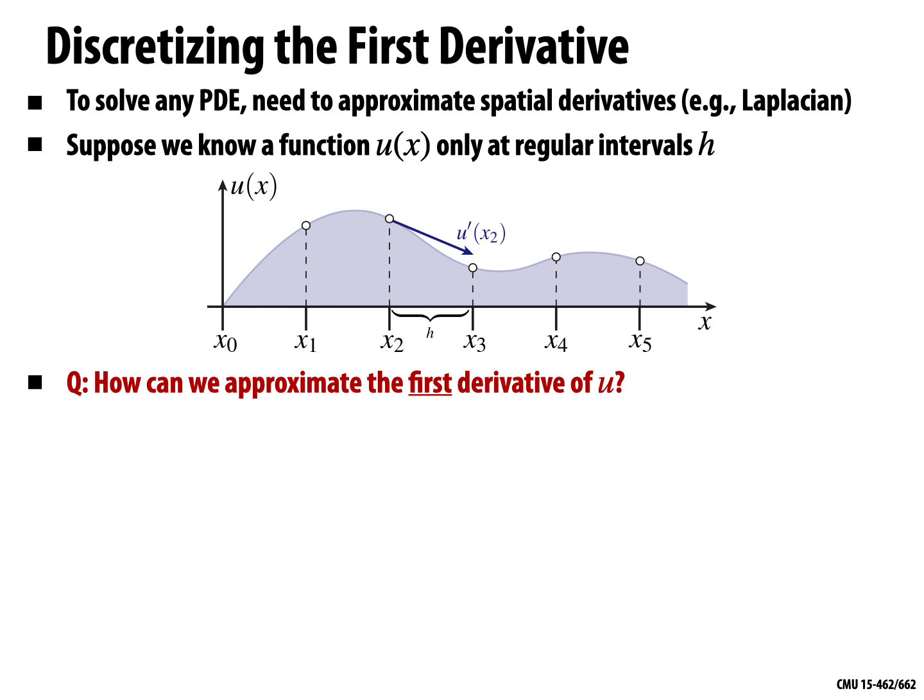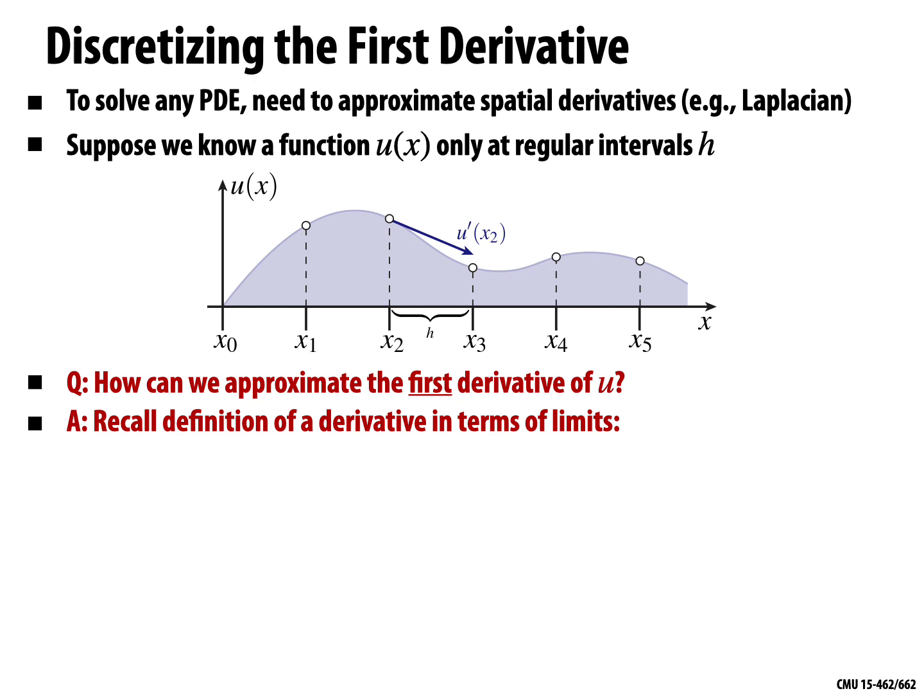Right, let's say we wanted to know the first derivative at x2. How could we approximate that using the data that we have?